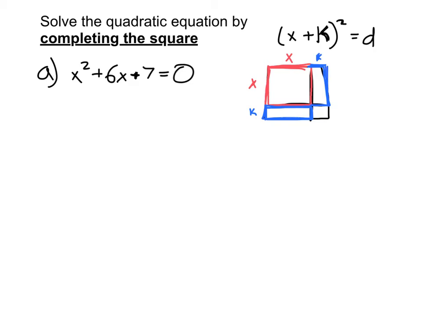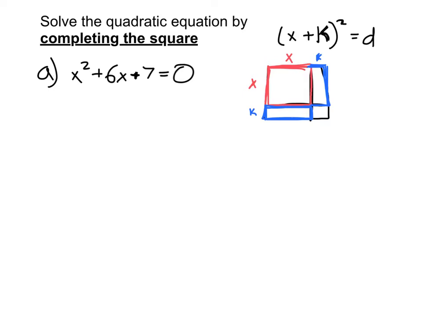The area of the entire square would then be x plus k times x plus k, which is x plus k squared, which equals d.